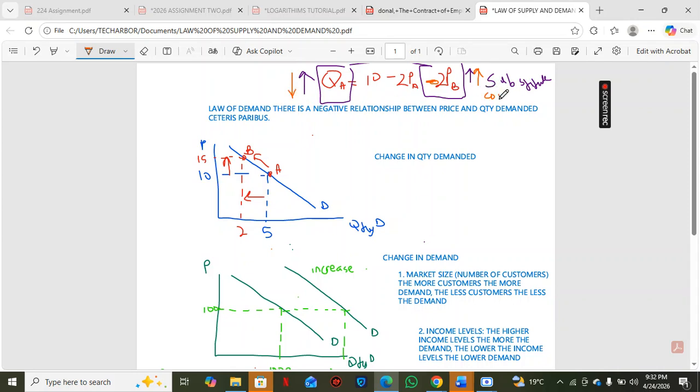So if you see a negative sign in the demand function, just know that the two goods there are complementary.